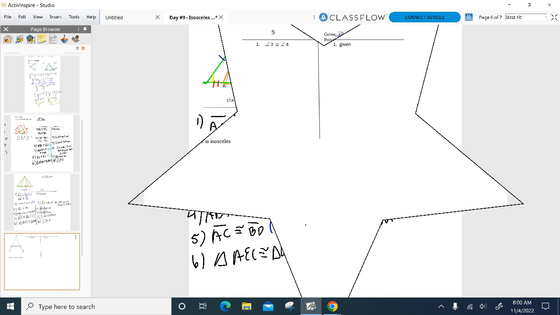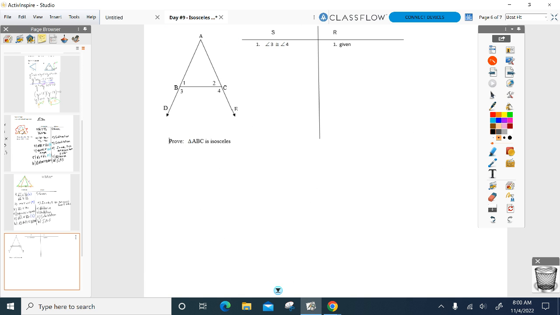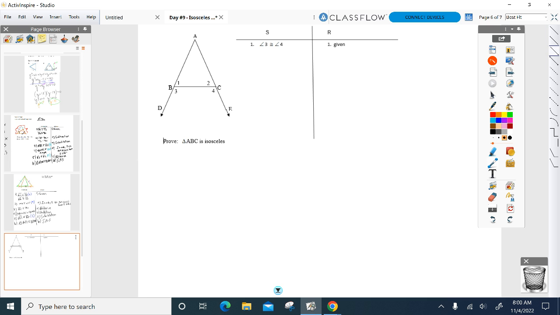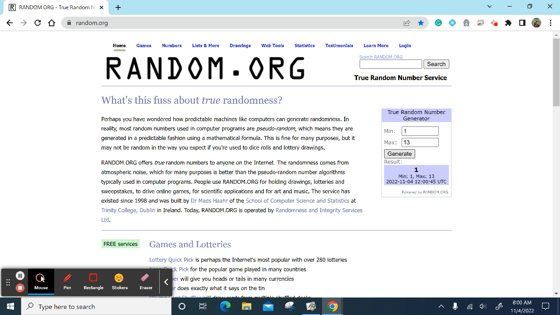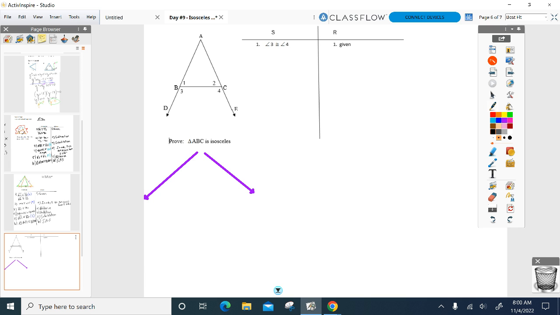Little change up, huh? Now you've got to tell me it's isosceles. All right, before we start, let's just talk. How do you know a triangle is isosceles? One, if the base angles or the two sides are congruent. Okay, so I really have two different ways I could prove this.